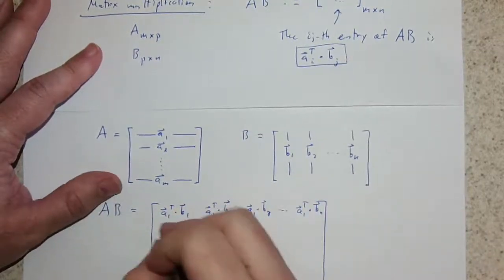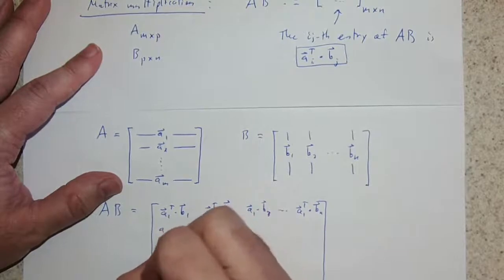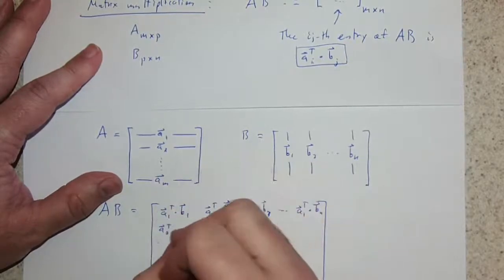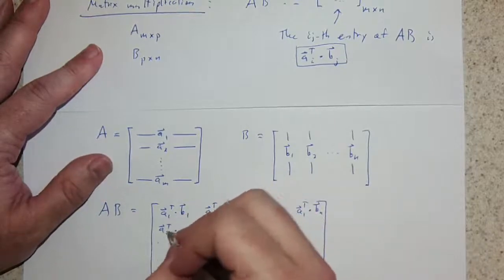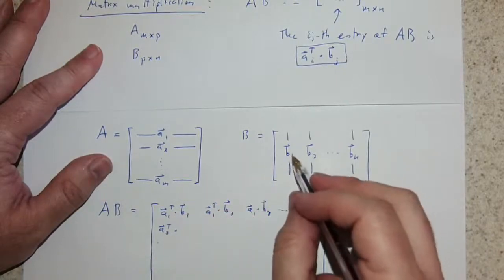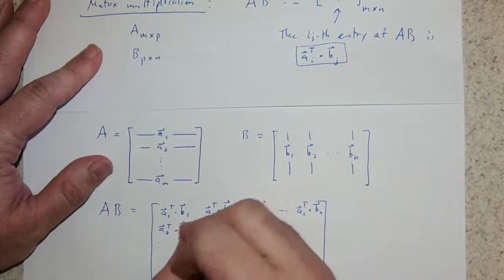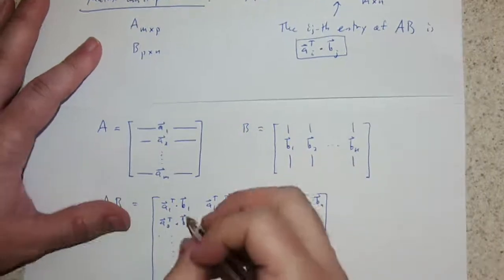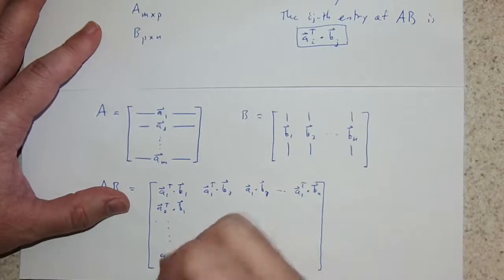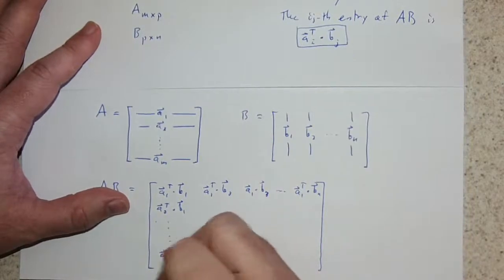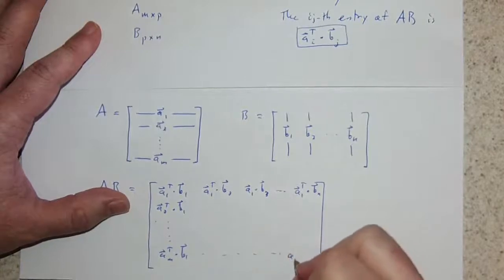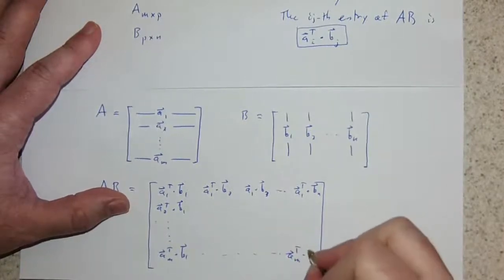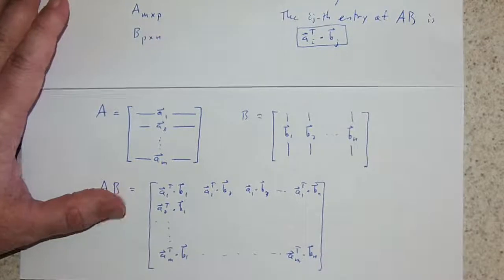So in the second row, first column, I would take the second row of A, transpose it, and dot it with the first column of B. I would do that all the way down to AM transpose dotted with the first column of B. And I'd do this all the way over to AM transpose dotted with the nth column of B.